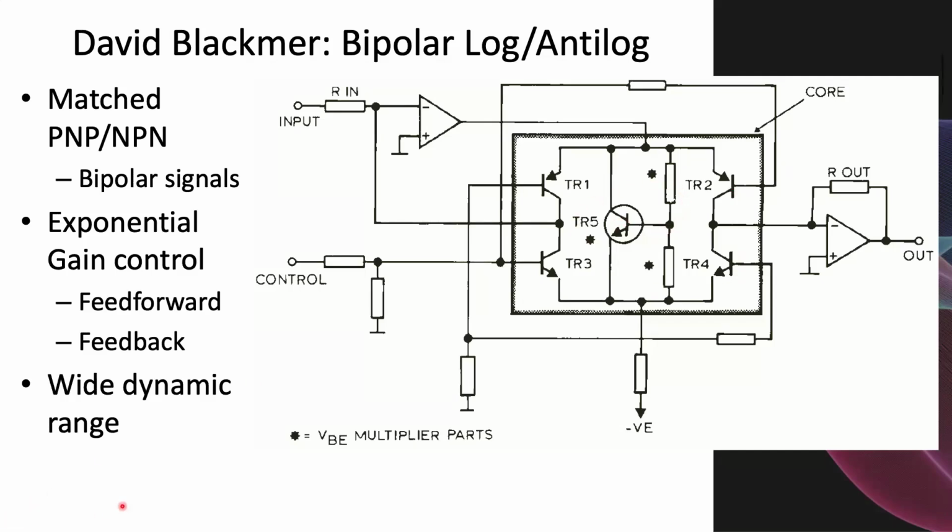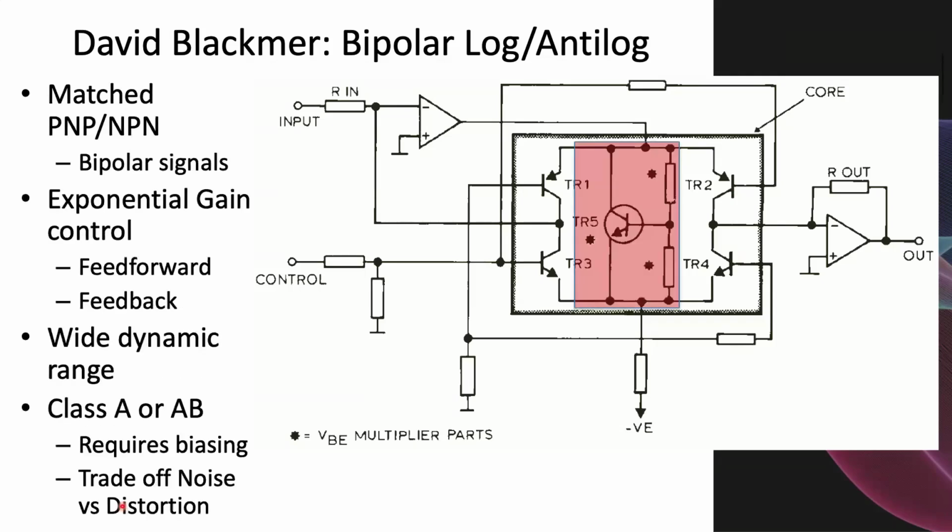And that gave you exponential gain control, which allowed for feed forward and feedback compressors and expanders, handled bipolar signals, and you could adjust the bias on it to have class A or class AB, or even dynamic biasing to try and optimize distortion versus noise.